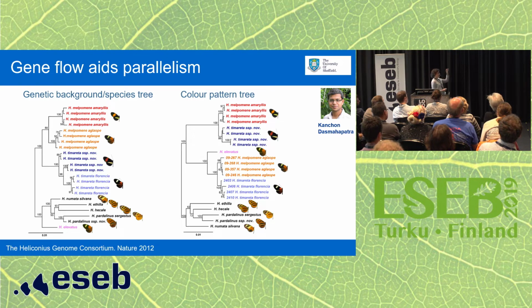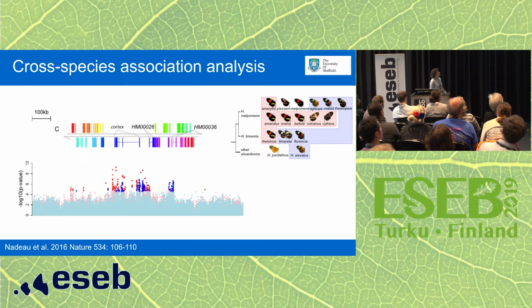So actually using these patterns was one of the ways that I identified the cortex gene as controlling the yellow color pattern. So we could look for associations between species and populations that shared the same color pattern elements. And this is now a small region, a kind of 1 megabase region where we knew one of these genes was.